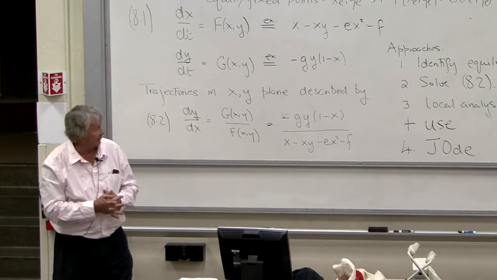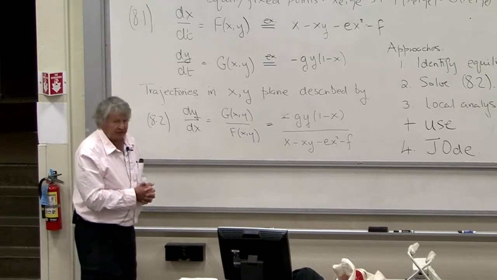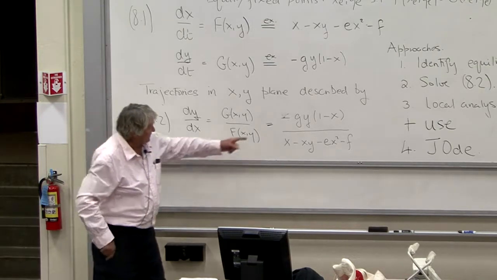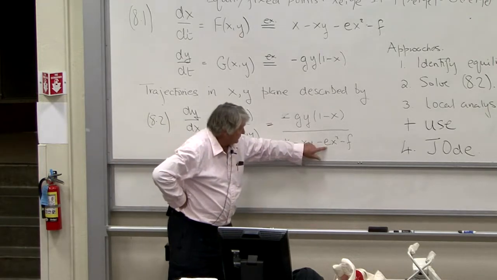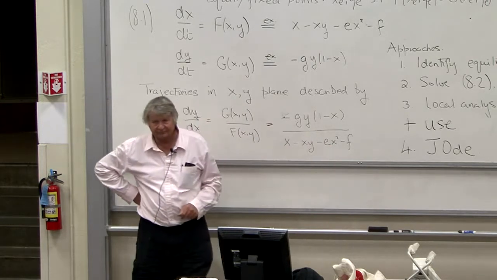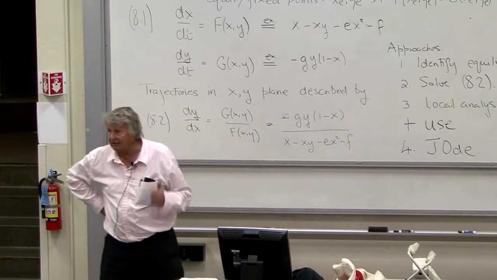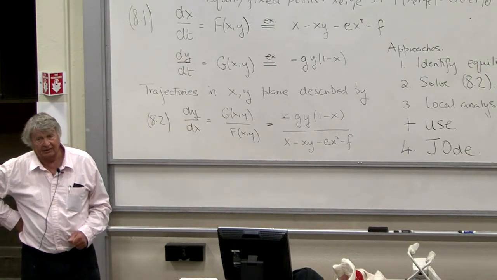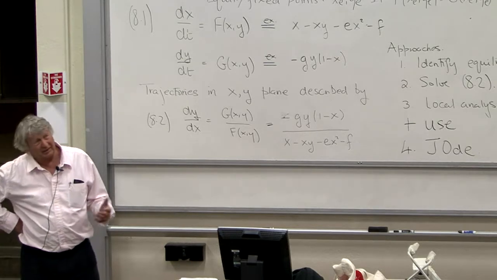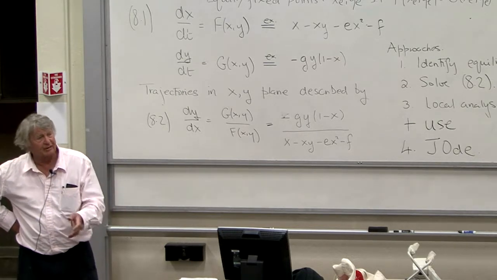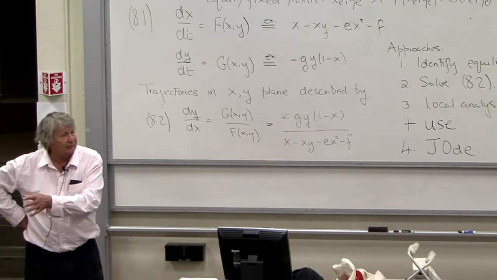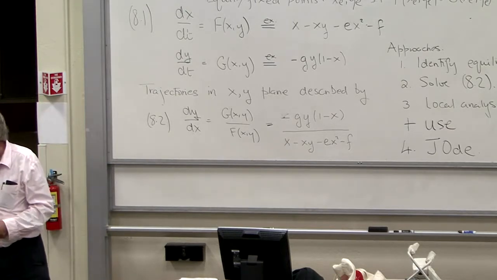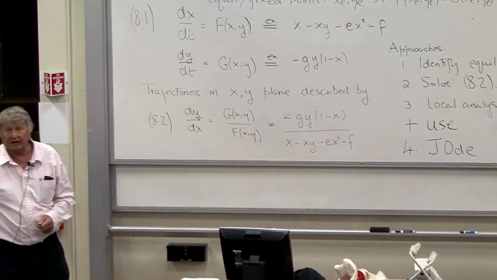We also did the pendulum example where you have no friction, then you can solve this equation. In this case, if E was 0 and F is 0, then actually the equation is separable and you can solve it. The solution is kind of complicated. It's something like x plus y plus log x times y equals constant. But in principle, you could draw those curves in the plane and learn what happens.